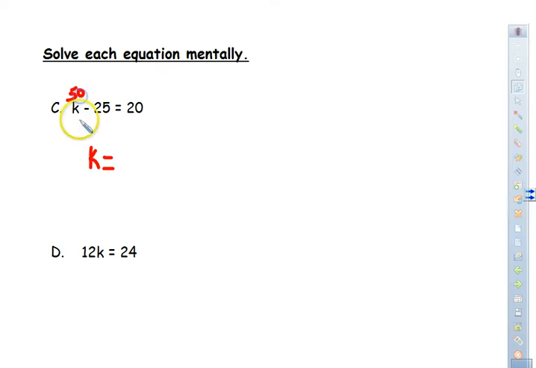If we try 50, 50 minus 25 is going to give me 25. So we need to then drop that down by 5, so then this is going to be 45, and 45 minus 25 does indeed equal 20.